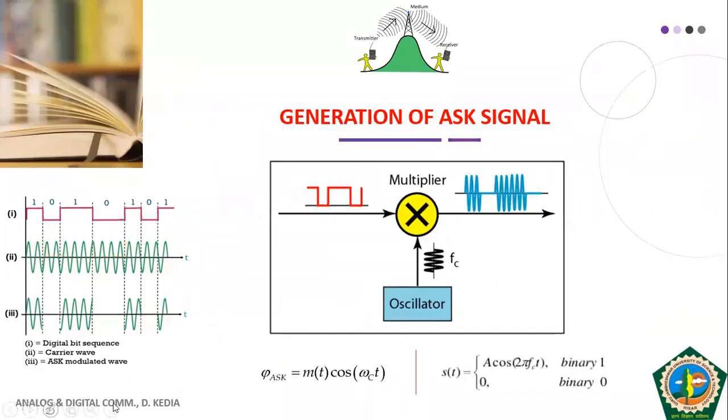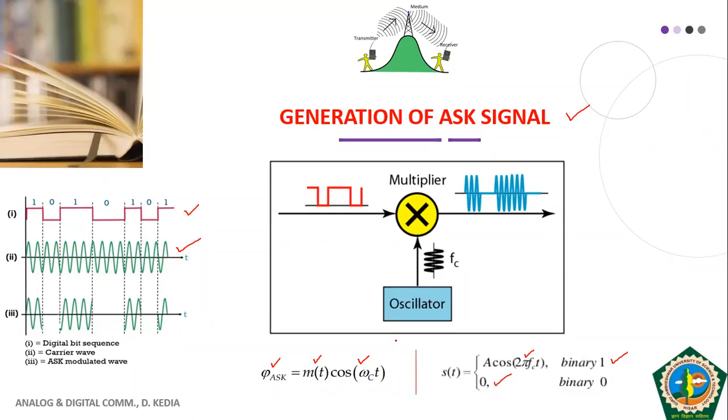Next. This is what we have in the generation of the ASK signal. I told you that mathematically we are doing the multiplication of the carrier signal and our digital modulating signal. So your ASK is generated by the multiplication of your message signal and carrier signal. I also told you that during 1 your carrier is present and during 0 your carrier is absent.